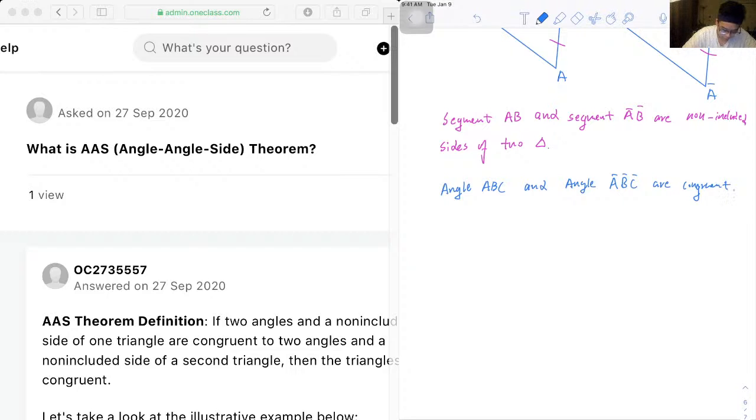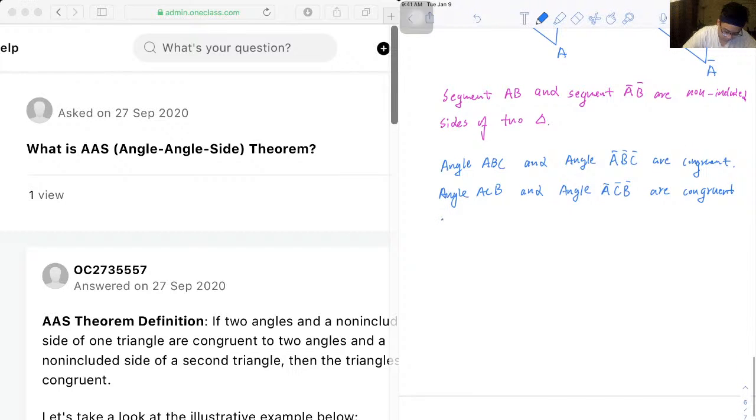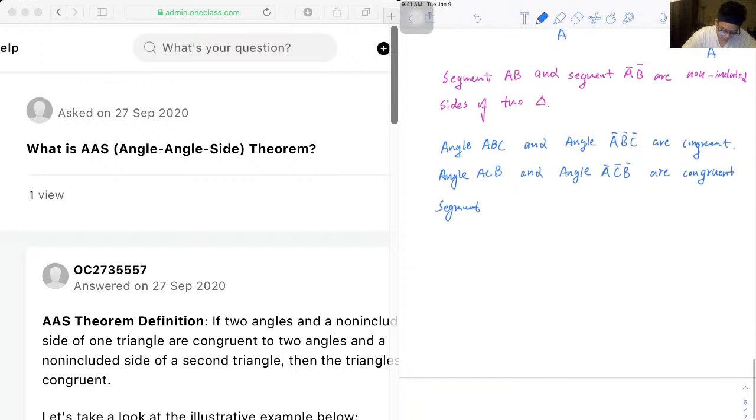Okay, and angle ACB and angle A bar C bar B bar are congruent. And lastly, we have segment AB and segment A bar B bar are congruent.